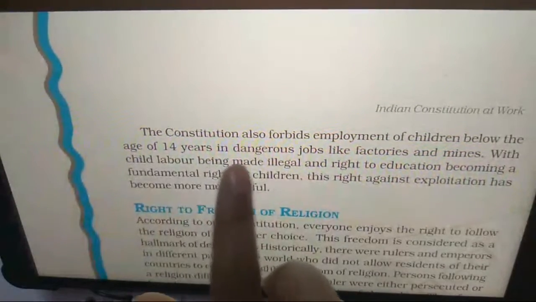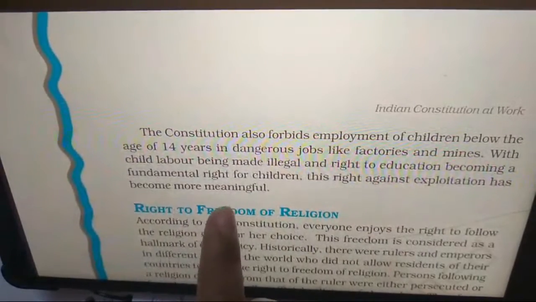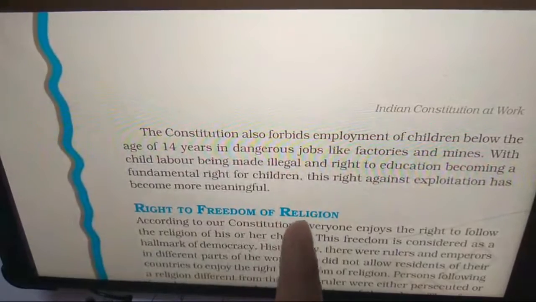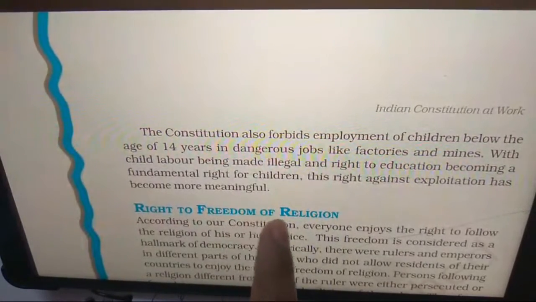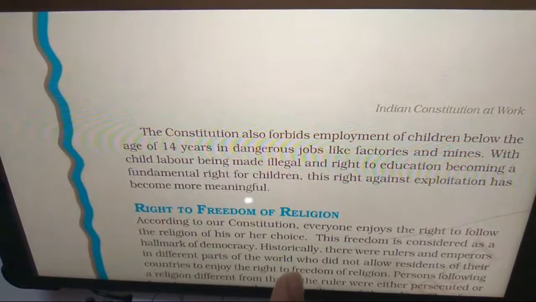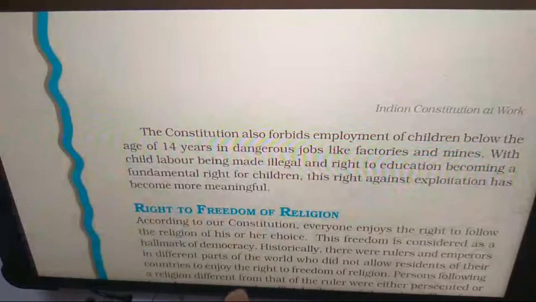The Constitution also forbids employment of children below the age of 14 years in dangerous jobs like factories and mines, with child labor being made illegal and the right to education becoming a fundamental right for children. This right against exploitation has become more meaningful.